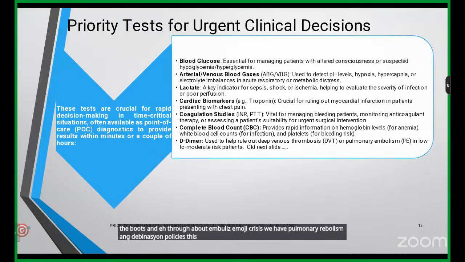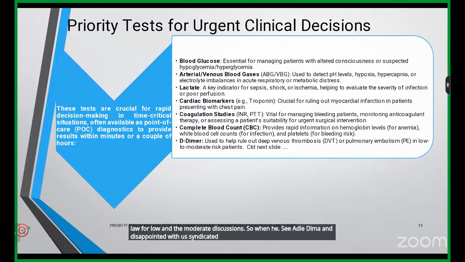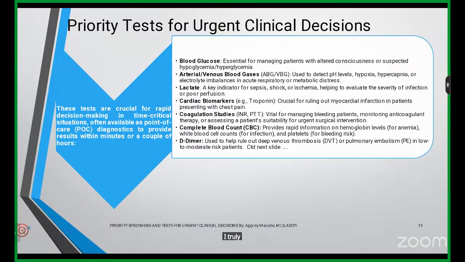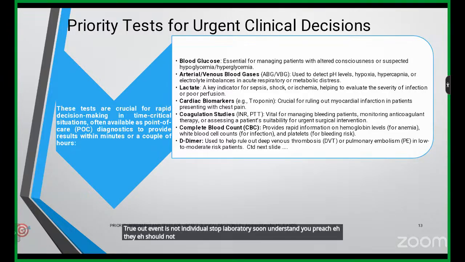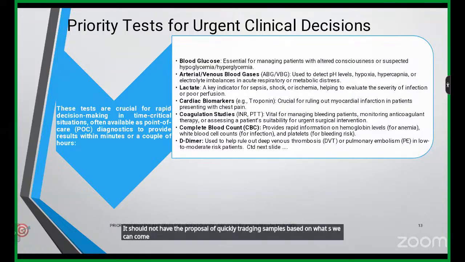This test is very key for low and moderate risk patients. So when you see a D-dimer and there's a clinical history indicated there, to rule out, even if it's not indicated as stat, the laboratory should have protocols of quickly triaging samples based on what we can capture from those requests.